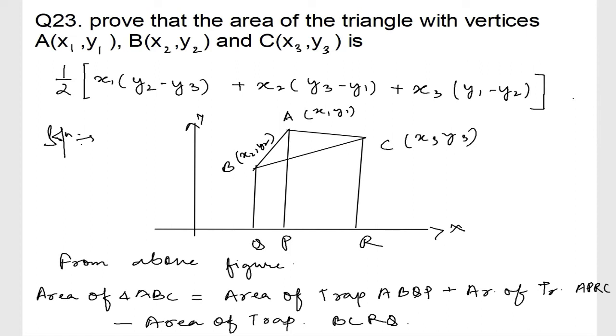What I'm explaining here is this: all this trapezium plus all this area, this one plus this one minus this one. So what's left out?